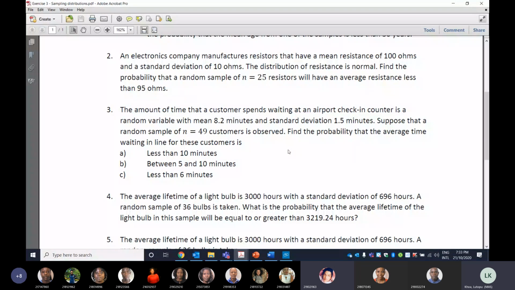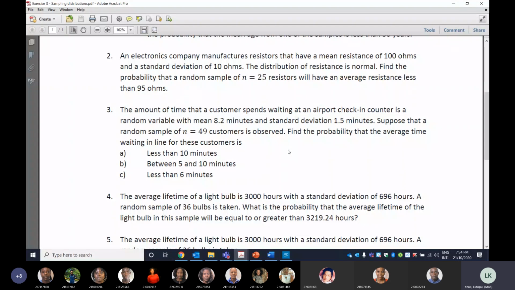Okay, thank you. Right. So again, we write down the information that we're given. We know that mu, the average lifetime, is 3000. And we're told that the standard deviation, sigma, is equal to 696 hours. And then we take a sample. How big is our sample? Our sample is 36, so n is equal to 36.